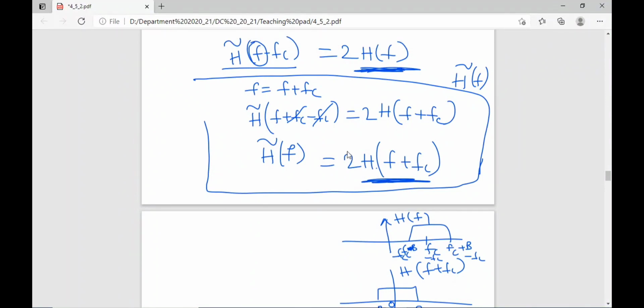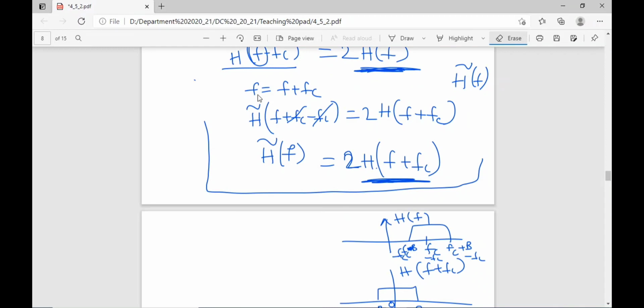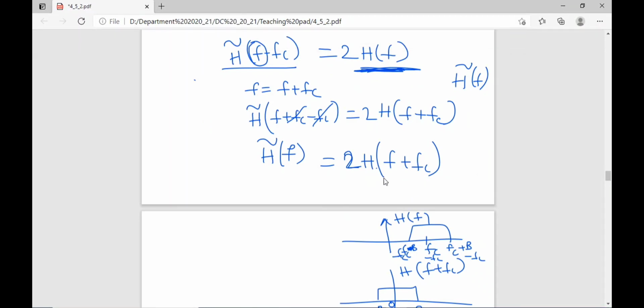After shifting it to the origin, you need to scale it with 2. By doing that, you'll be able to find H tilde of f. This is the graphical method. Once again, let me resolve this.